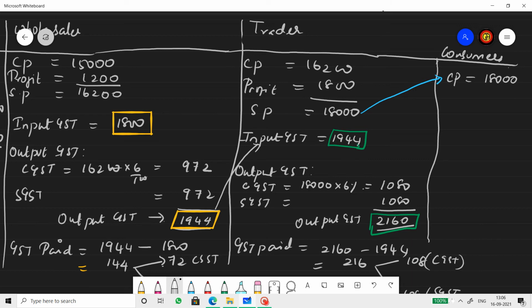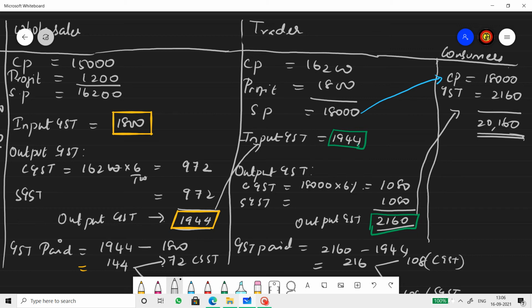What is the tax paid by the consumer? Whatever tax the trader has collected, this is the tax paid or input. There is no output for the consumer. Consumer is an ultimate consumer who enjoys the product. So we don't have to term this as an input. We simply can say this as a GST, which is 2160. So the amount paid by the ultimate consumer who enjoys this product is 20,160. So we come to the end of the story.